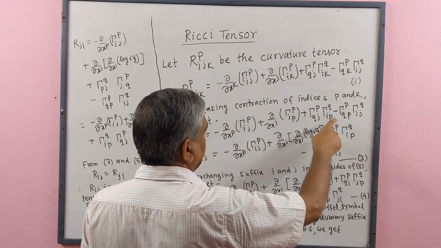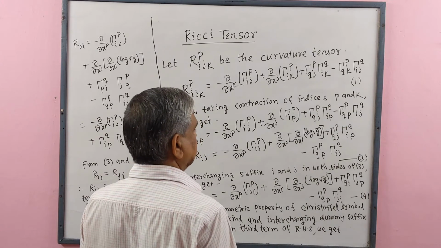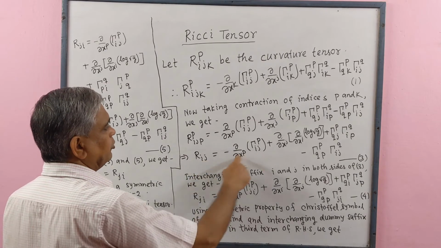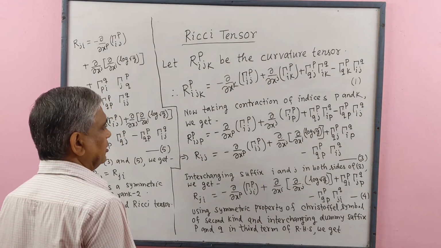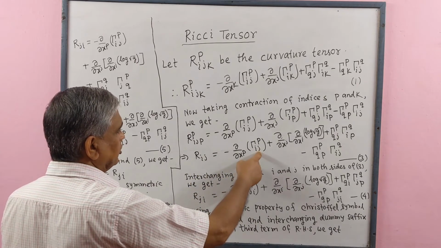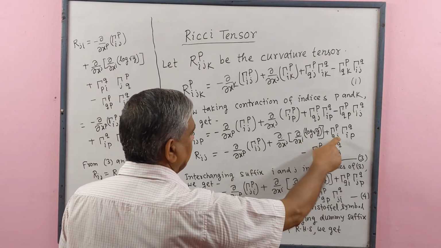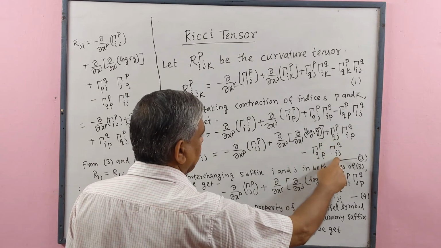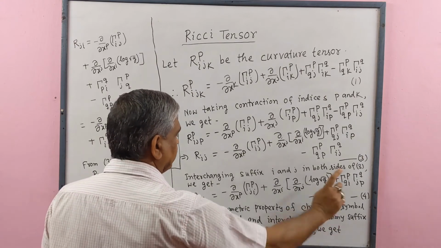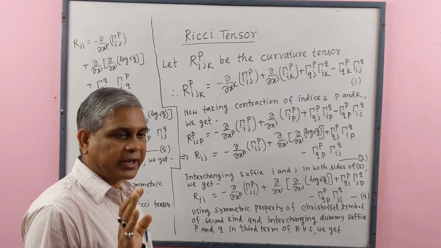We write this term and this term same. Interchanging suffixes i and j on both sides, we get R_ji, here also ji, here i, here j, here i, here j, here j, here i, and we get equation 4.